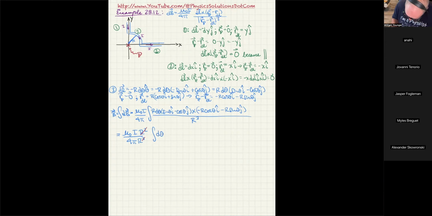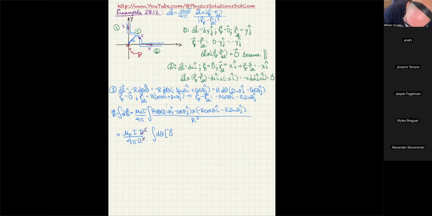The first distributive term is sine theta i hat crossed with negative r cosine theta i hat, but that's going to give me 0. So I'm just going to put 0 there for that one.